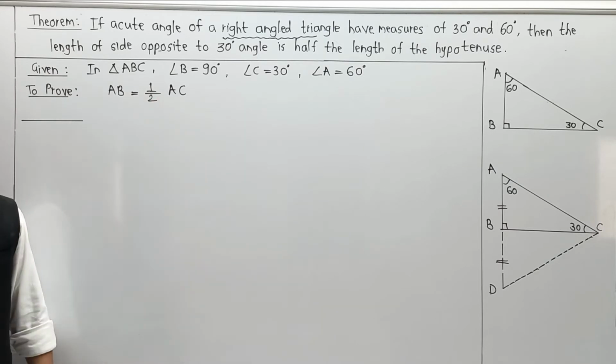Now in the construction, what have we done? We have extended AB up to point D such that AB equals BD, and after that we have joined CD.